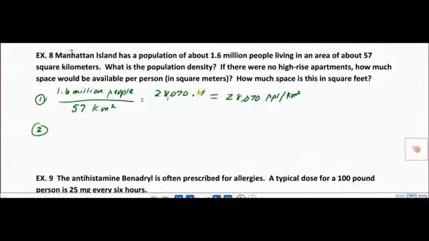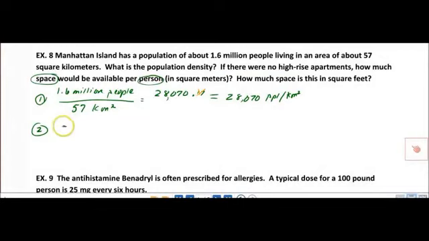Okay, so second question. If there were no high-rise apartments, how much space would be available per person? So this is asking me how much space, which is the area, per person. So I want to take that 28,070 people per square kilometer and invert that to find how many square kilometers per person.